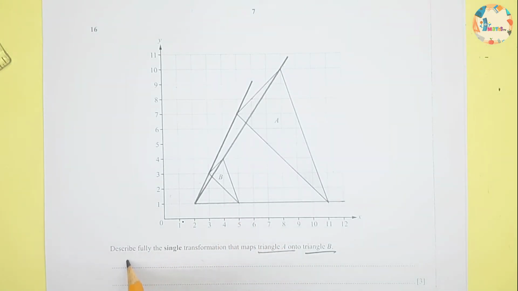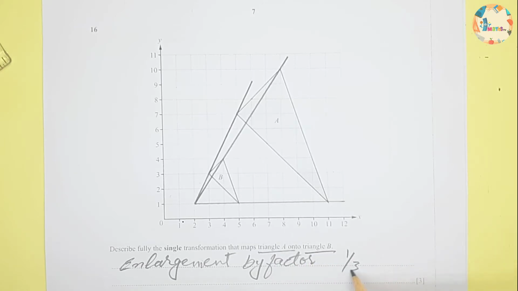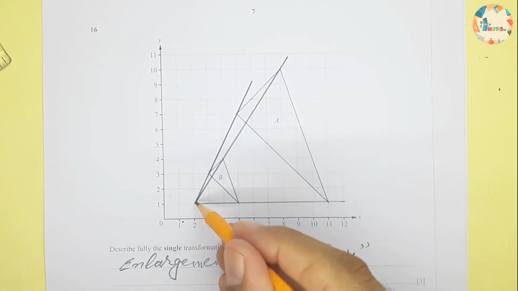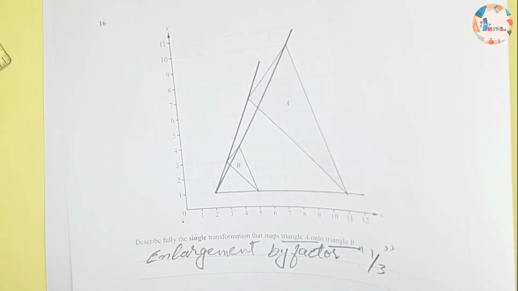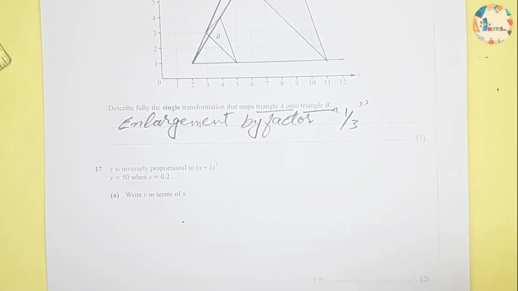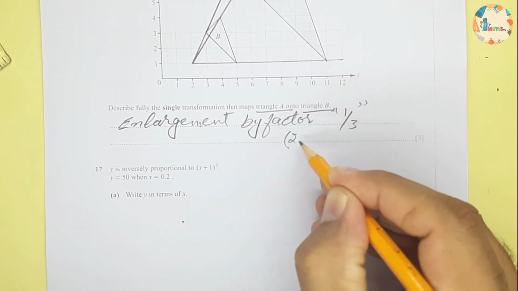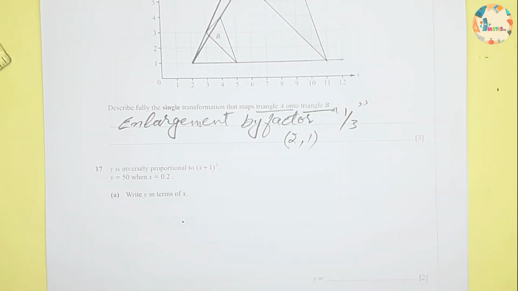So we'll write here the answer as enlargement by factor 1 over 3, and the center of enlargement will be this one, which has coordinates 2 and 1. So we will write center at (2, 1). So this will be the center.